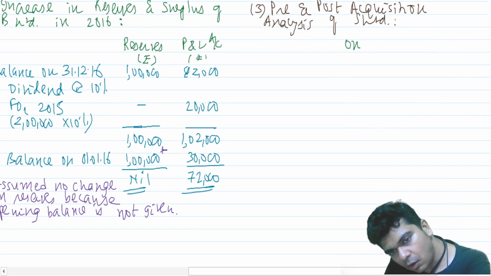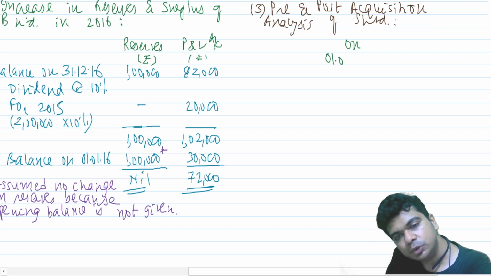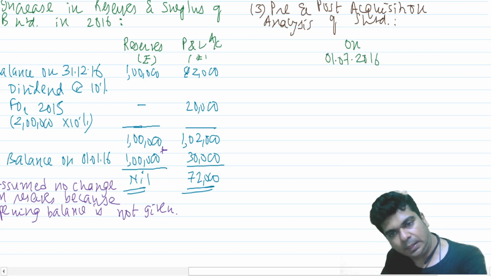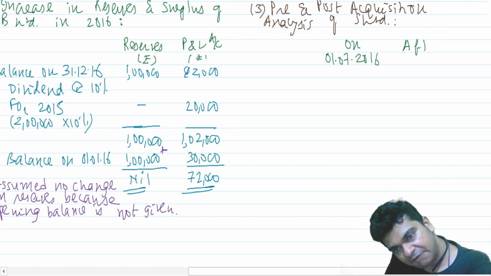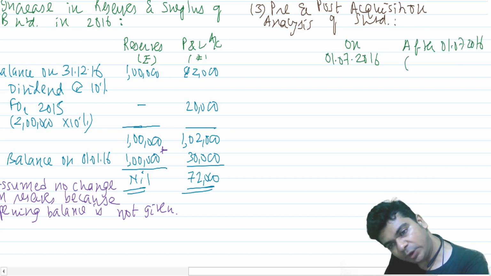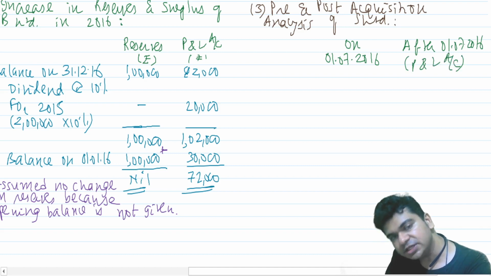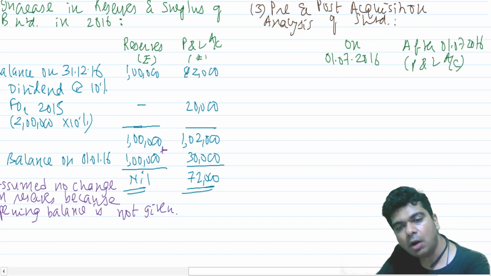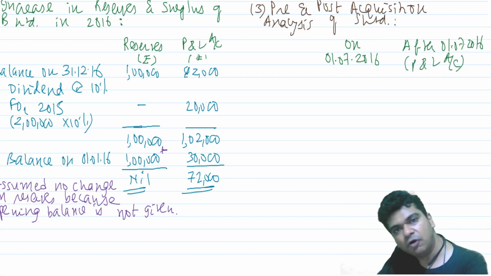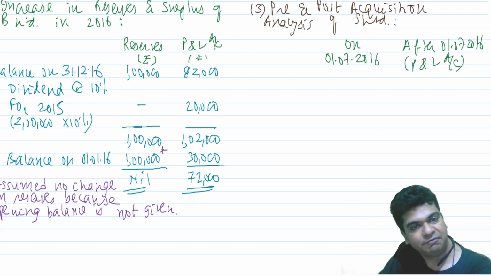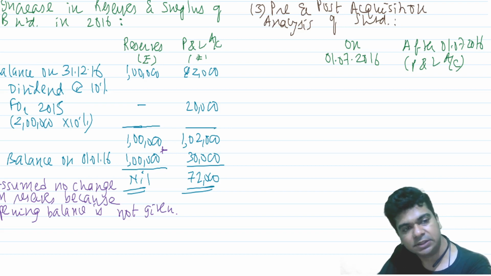Yes, I'll say here on 1st July 2016. And here I say after 1st July 2016. This time only profit and loss account is changing. Reserve has remained the same. Opening, closing is the same. So I prepare columns for 1st July 2016 and after 1st July 2016.